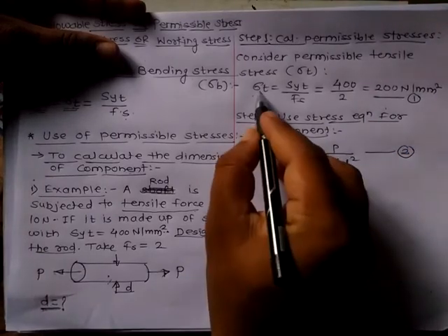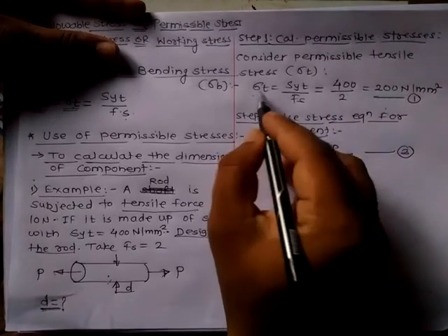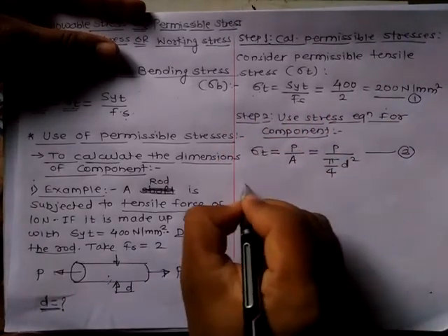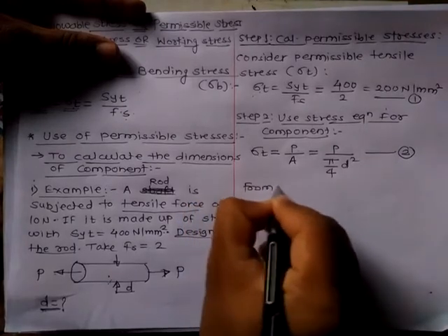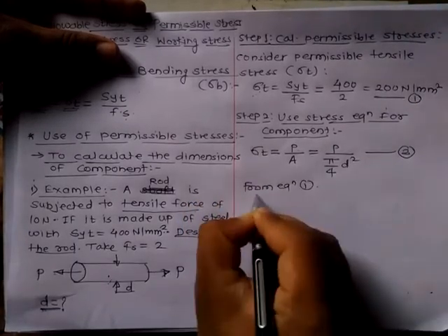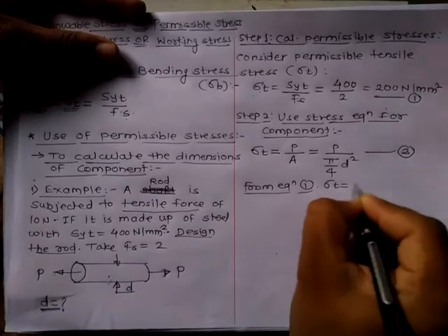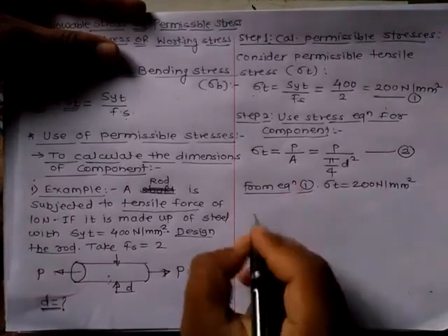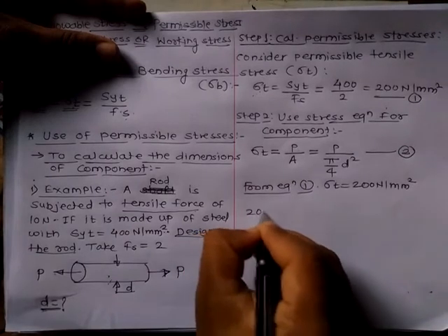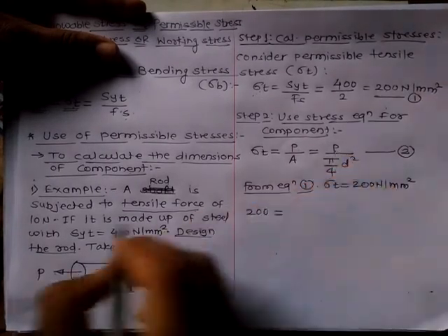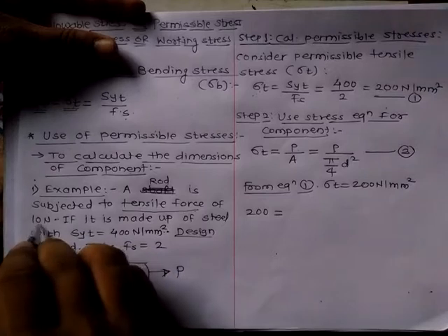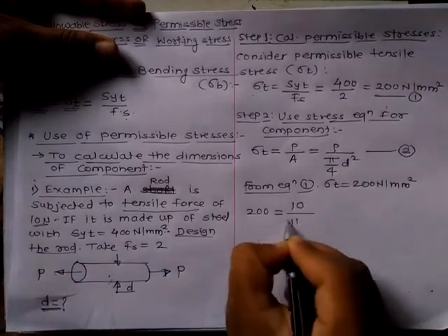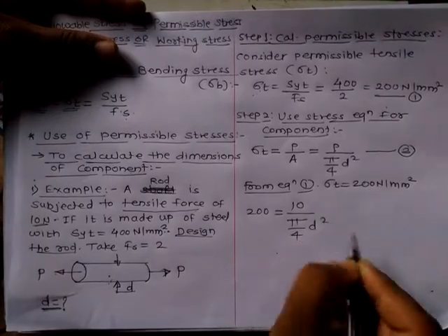Now put the value of sigma t, that is the permissible tensile stress, in equation number 2. From equation number 1, sigma t is equal to 200 Newton per mm square. Putting this value, we get 200 is equal to, putting the value of P as given, 10 Newton, upon pi by 4 d square.